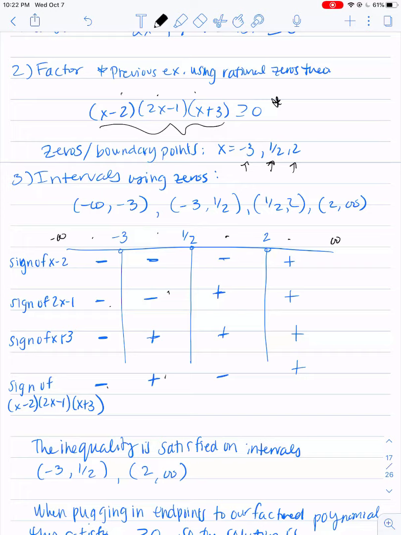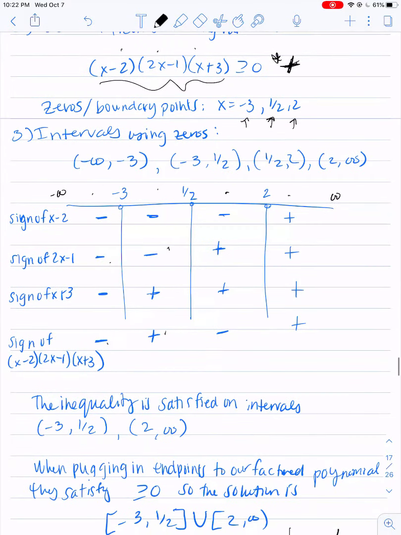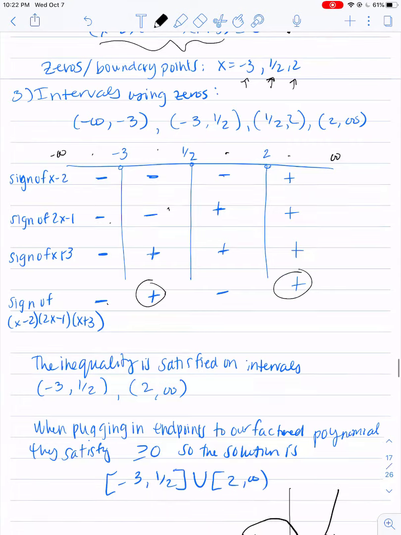So our inequality is that this is greater than or equal to 0. So we need positive values. So the inequality is satisfied on the intervals negative 3 to 1/2 and 2 to infinity.